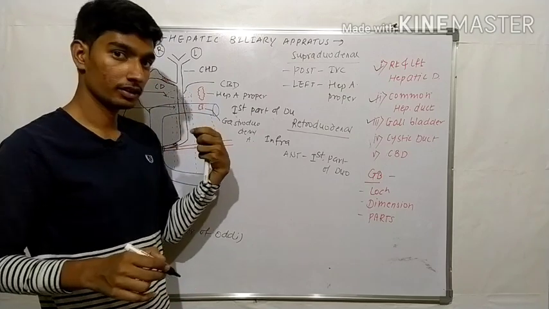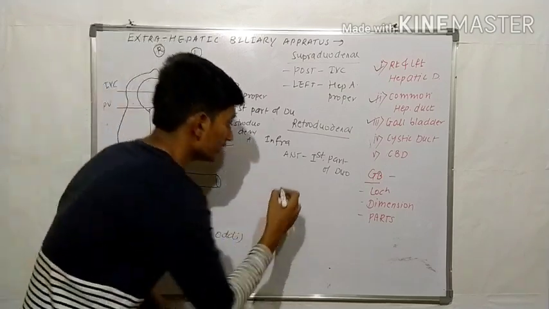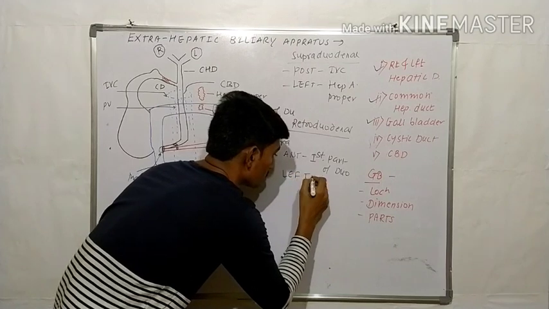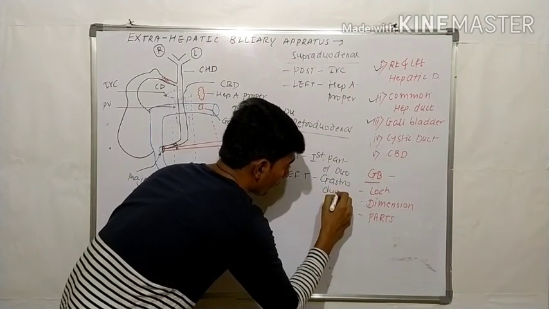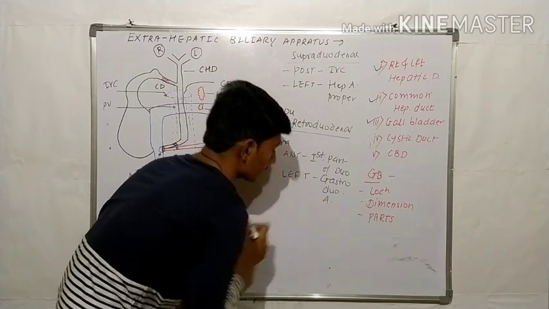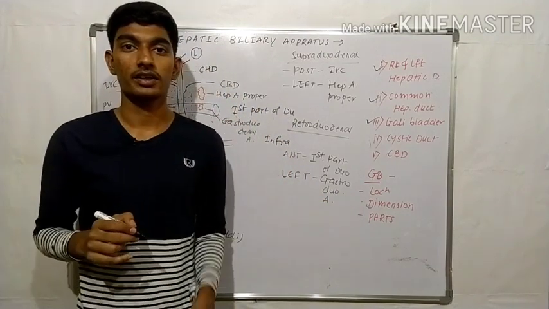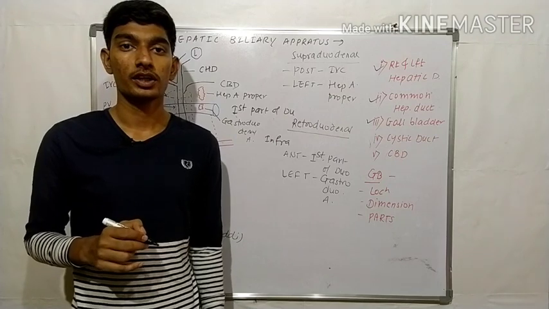Then on the left side, there is the gastroduodenal artery. Left side, gastroduodenal artery.